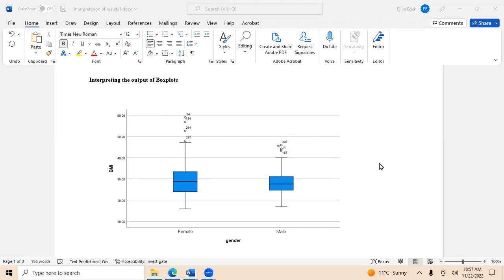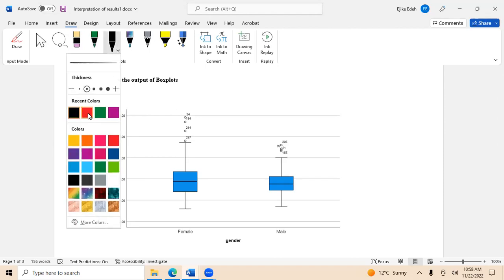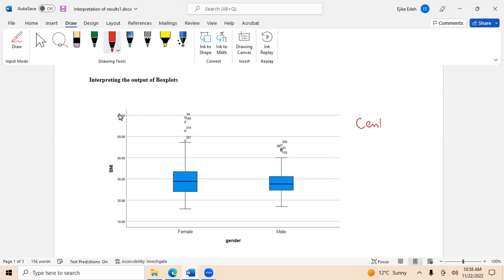Yeah, so for the box plots, this was what was done in exercise 1, right? Descriptive statistics. For the box plots, you usually want to interpret three things: the center, the spread, and the shape of the data.